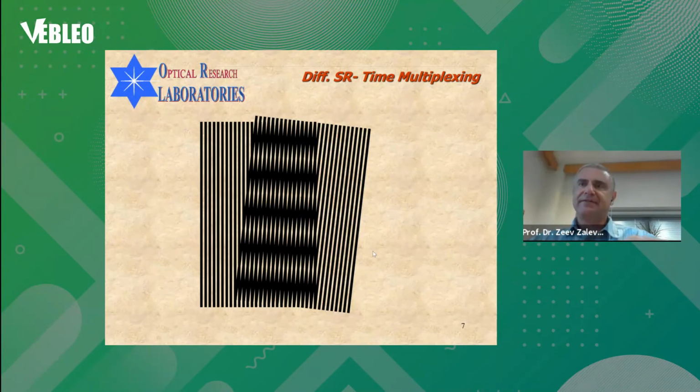Let me very briefly explain how it works. You can see in this slide two types of grating. Let us assume that this grating is our object. It has high spatial resolution, but this resolution could not be imaged through our low resolution imager.